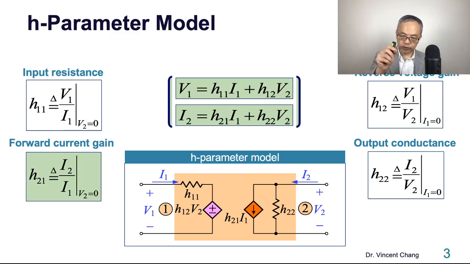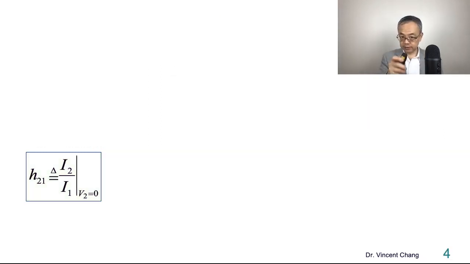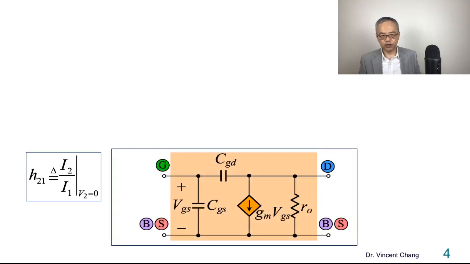Under the condition that the output V2 is short circuit, so V2 is 0. Let's just accept this definition for the so-called forward current gain, and then try to apply it and find out this current gain's performance in the frequency domain.